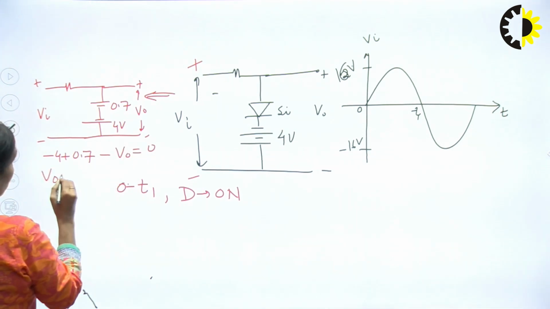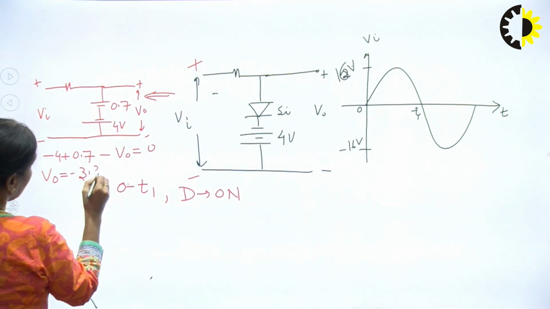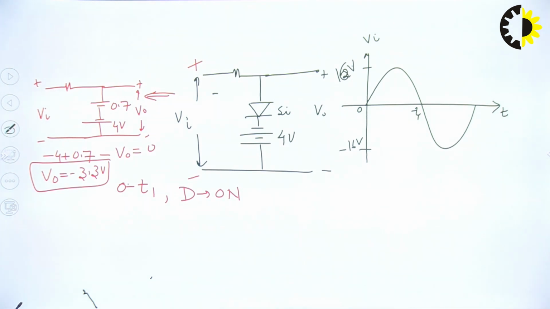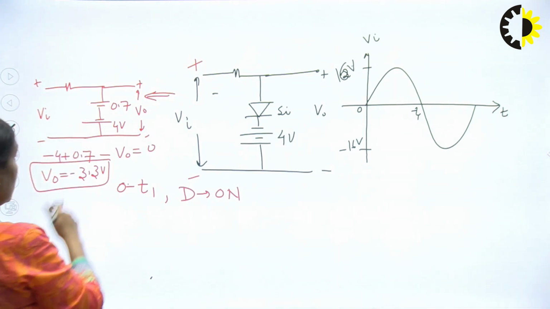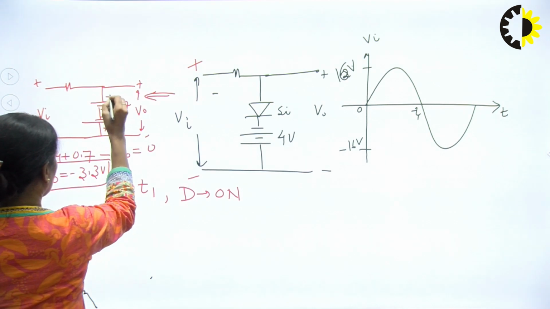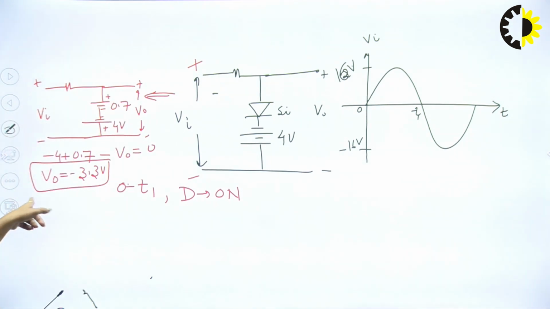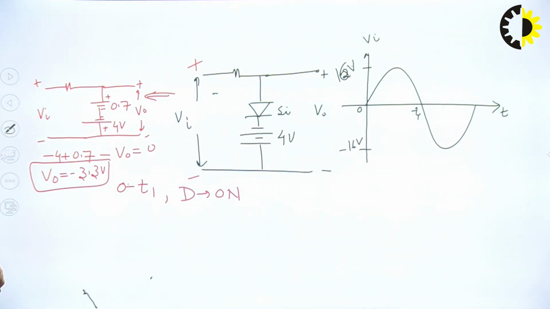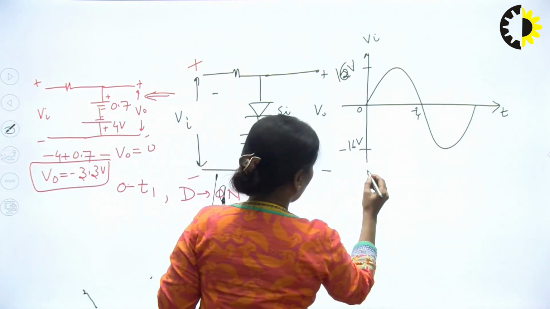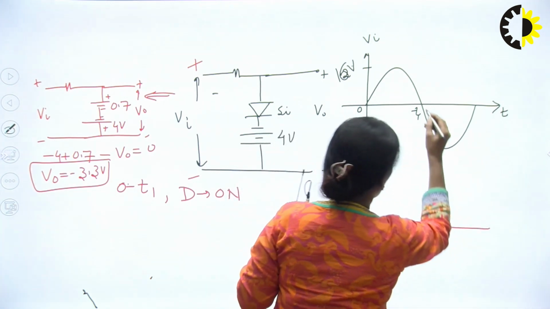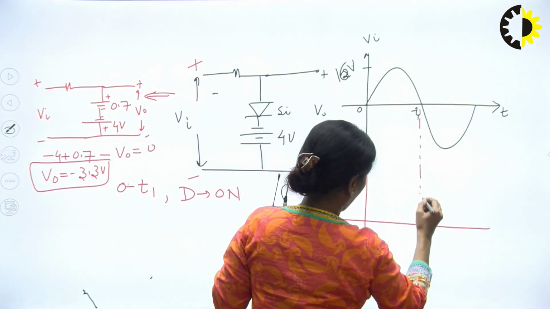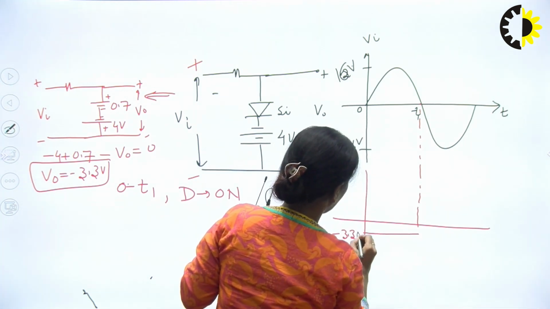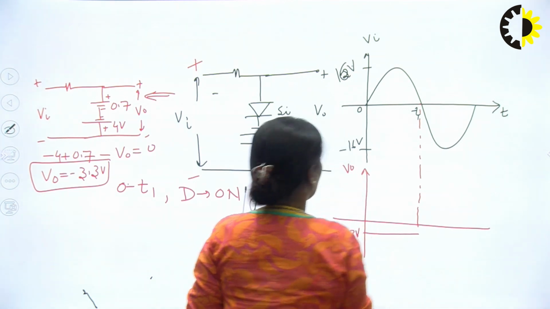So V naught will be equal to minus 3.3 volts, isn't it? It will be minus, because this is plus, minus, minus, plus. So if I draw the output waveform here, my output will be equal to minus 3.3 volts. This is my V naught.